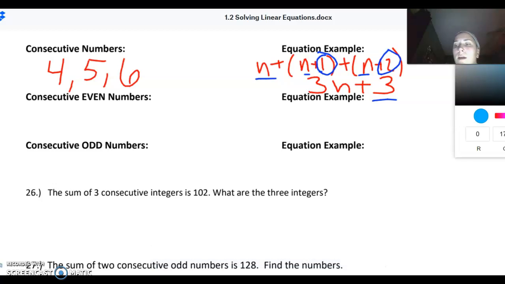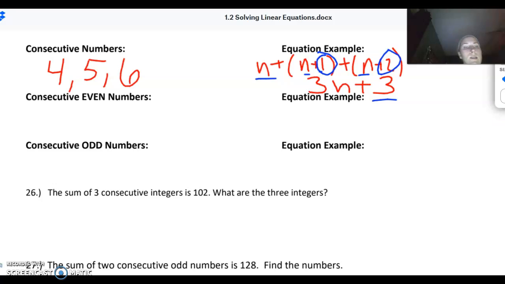So now we want to find 3 consecutive even numbers. We don't want any of the numbers to be odd. We want them all to be even. So the 3 numbers I'm going to use are 4, 6, and 8. To do this, we would have n plus 2, because we only want those even numbers. We can't just go to the next number like we would above.